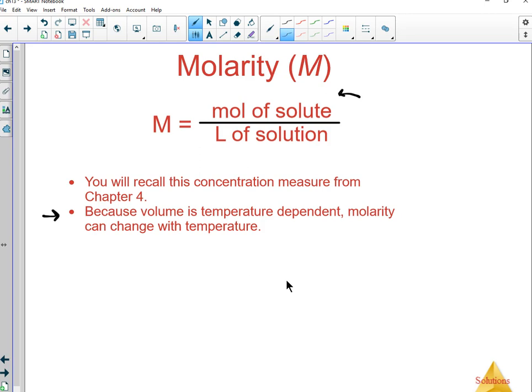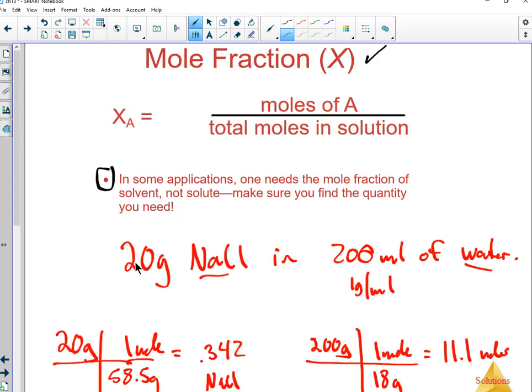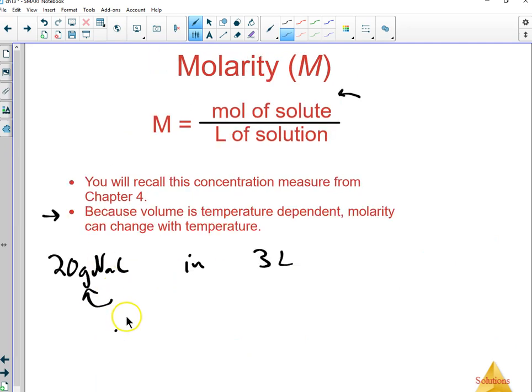All right? So it'd be, we already have this number. So 20 grams of NaCl in 3 liters. Okay, 3 liters, and there's your molarity.